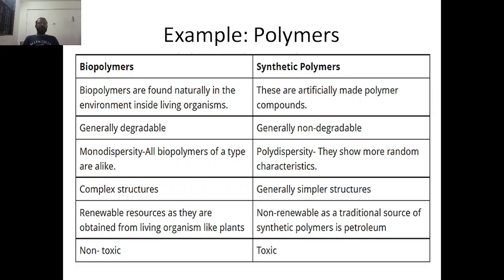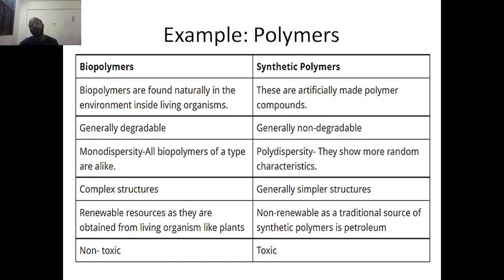Next, renewable resources. Biopolymers are obviously renewable resources, as they are obtained from living organisms like plants. They are renewable because we are not creating waste when preparing them. If waste is created when we prepare something, then it doesn't come under renewable; it comes under non-renewable.